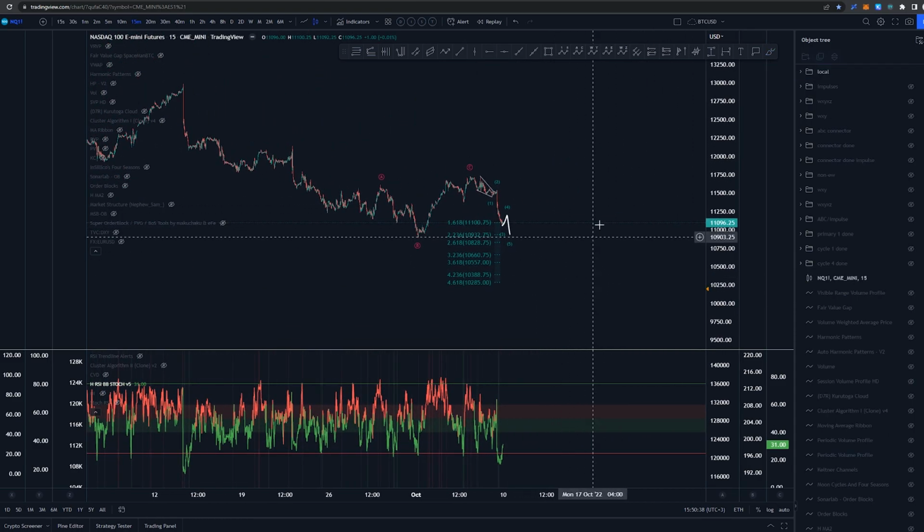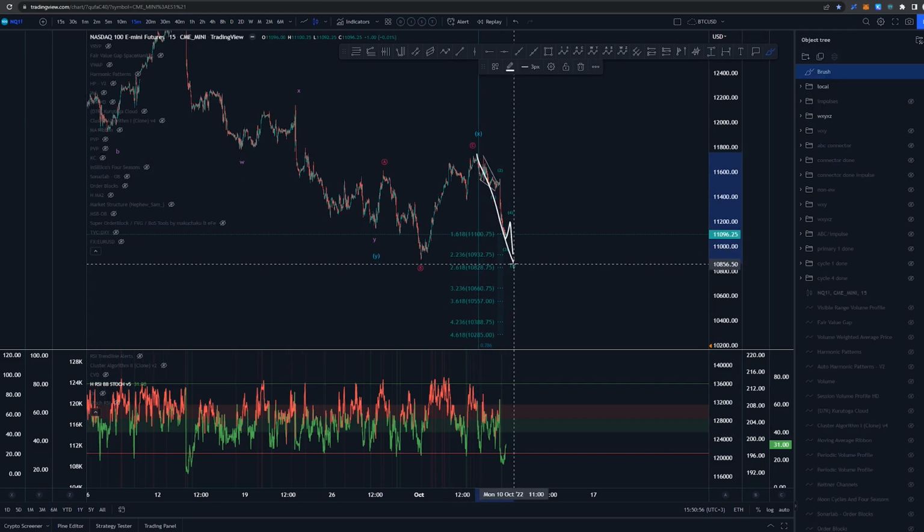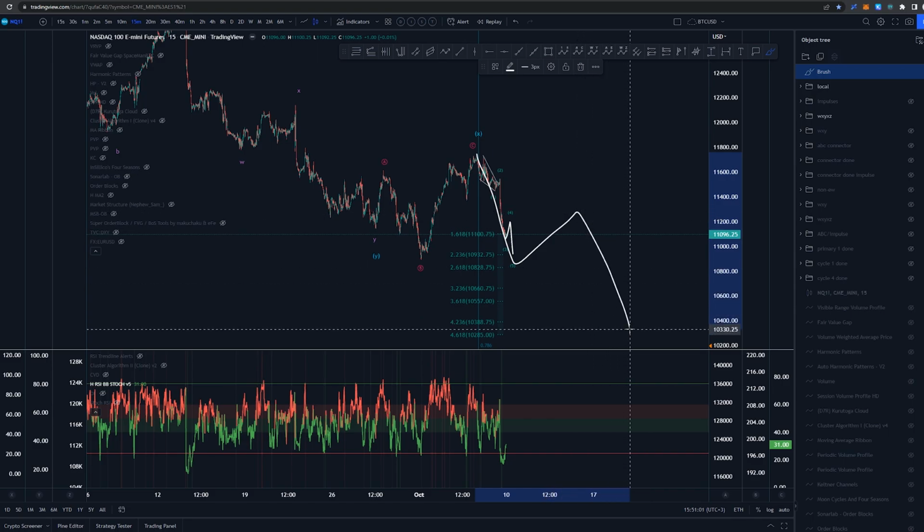And depending on what your higher time frame view is, I do think that we might be getting way lower than here. Again, if we are looking at some of the other counts that we had, for example, the WXY, XZ, this would be most likely the A wave of this last leg, then looking for that B wave and then C wave to end the X wave.